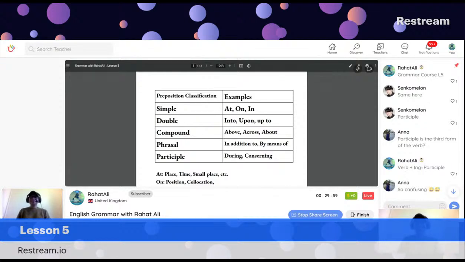So confusing. Yes, confusing. Is it participle or gerund? Anna, my question. If we have used a verb with "ing", remember we use participle at the beginning, and we use continuous after another verb. Like, concerning this matter, the boss came and asked for a meeting. Look here, concerning is a participle.